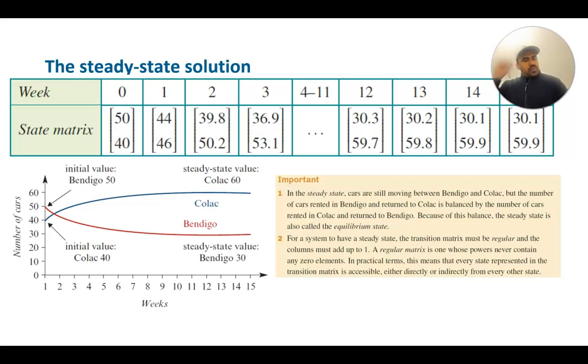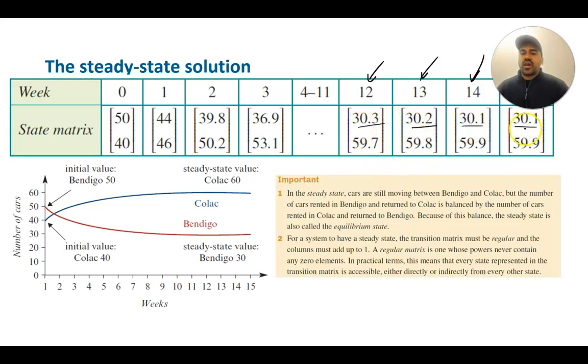Now, the steady state solution. If we just do small week or month or whatever time frame iterations, it will come up with an incremental change. But over time, if you do this again and again with high n values here, you can see that there's barely any change.